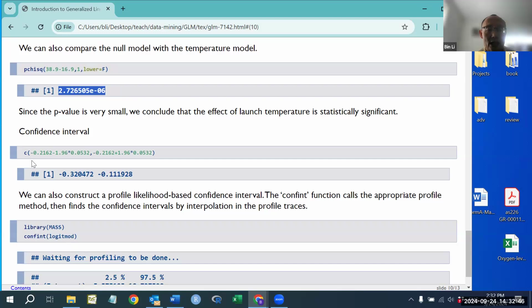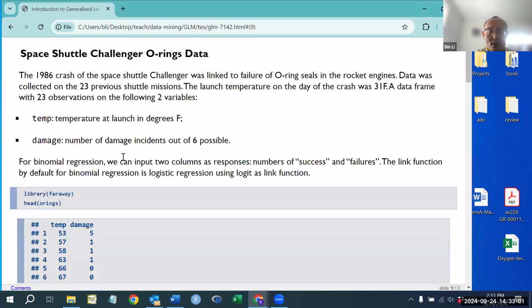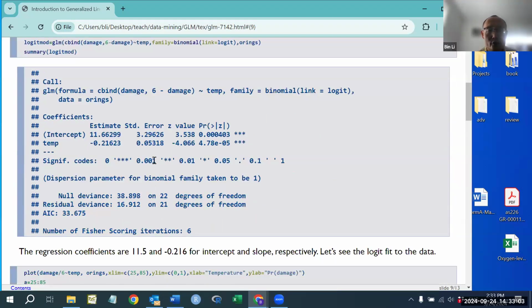For the confidence intervals, we can do it in 2 ways. One way is the simple way, that's based on the Wald test approach. The Wald test approach assumes these estimated parameters follow a normal distribution with the standard deviation being the standard error. So then we can calculate the confidence interval by what?